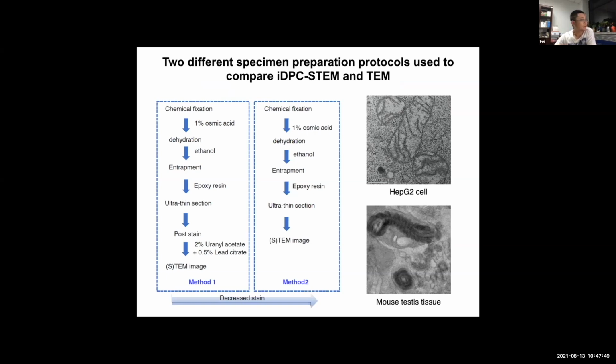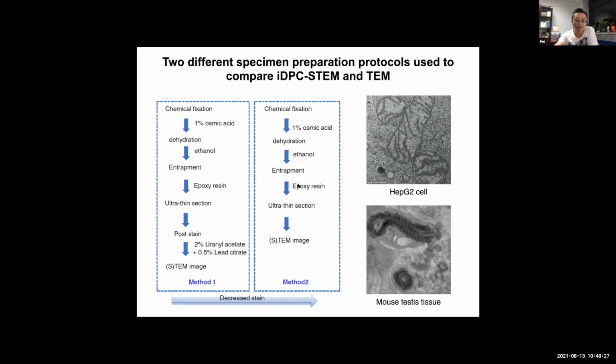One is the traditional sample preparation procedure: osmium chemical fixation, dehydration, EPON embedding, ultrathin sectioning, and post staining. And for method 2, we just omit the post staining. So there's only one heavy atom staining procedure used, in the chemical fixation. So this is a kind of minimally stained section.